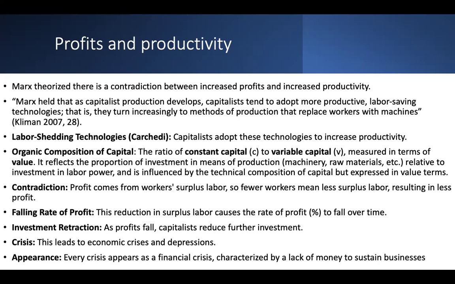So they are compelled to adopt productivity-enhancing technologies. But in the process of doing so, there's a tendency to replace more and more workers with machines. And as you do so, you produce less surplus value. As you produce less surplus value, you reduce your rate of profit.